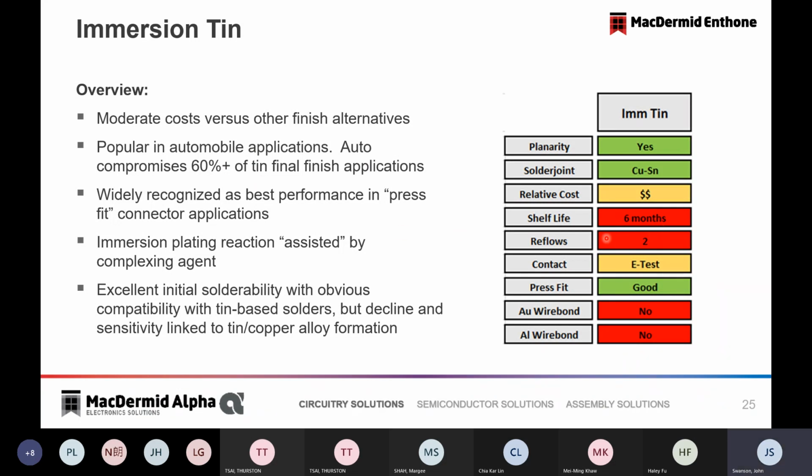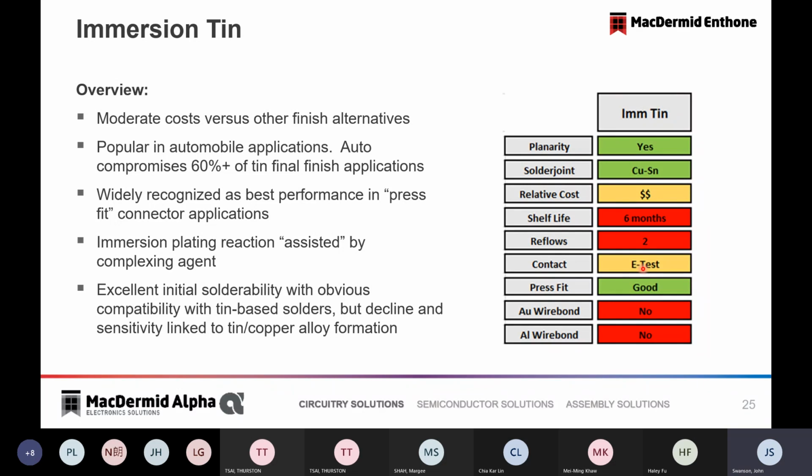I'll highlight these red areas here, and this is the weakness of tin. The weakness of tin is that when the tin coating is exposed to an assembly cycle, it will form an intermetallic, or we might say alloy, with copper.